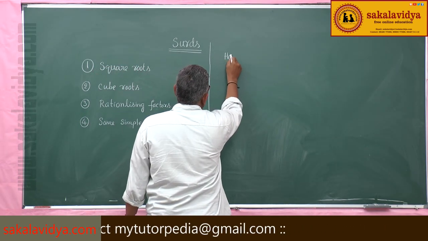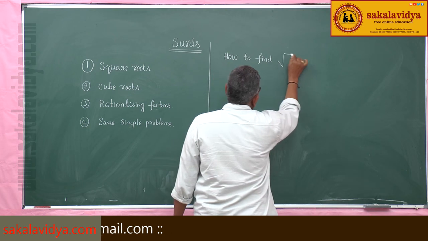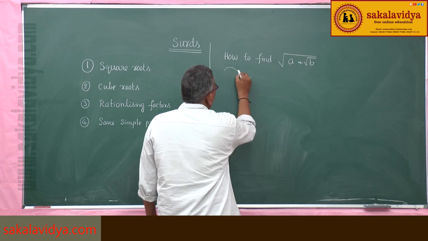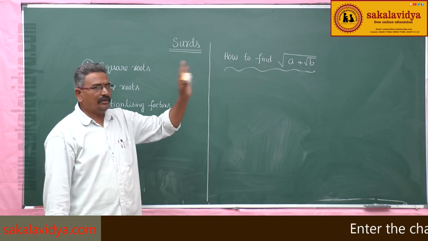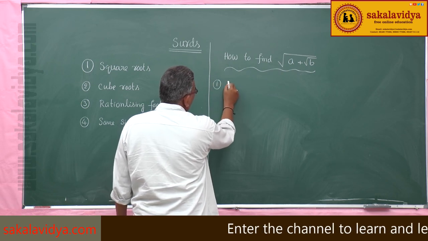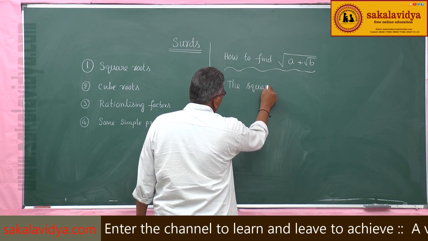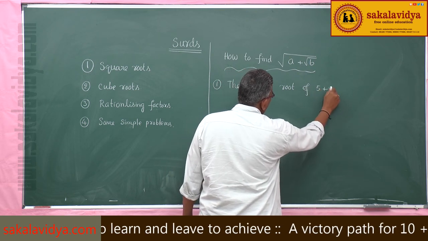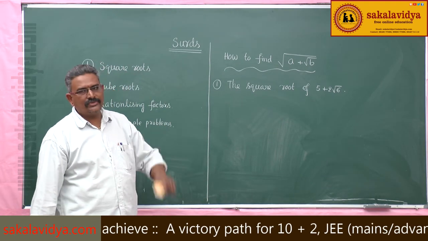How to find the square root of the a plus root b form. We know that a plus root b is a binomial surd. Let us take one example directly. The square root of 5 plus 2 root 6.